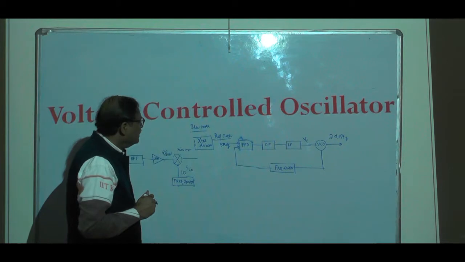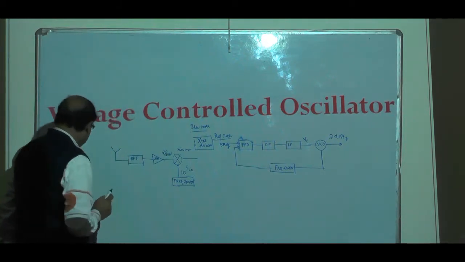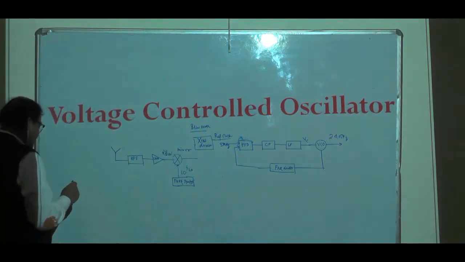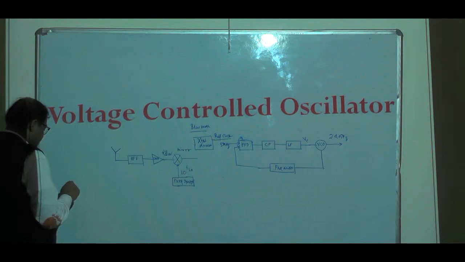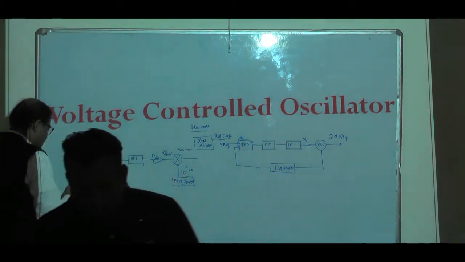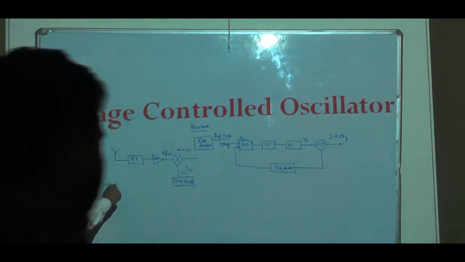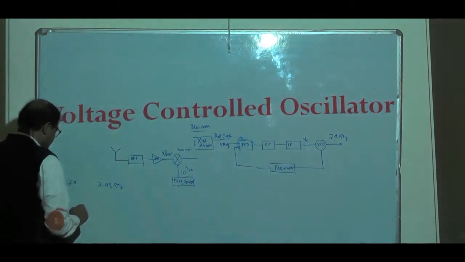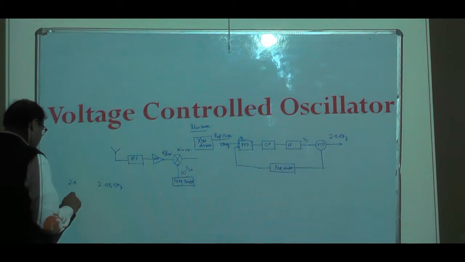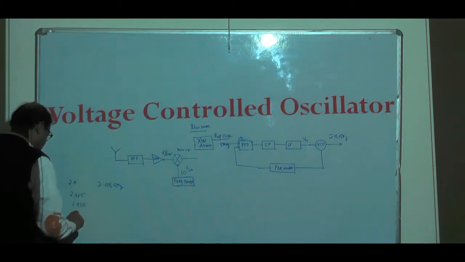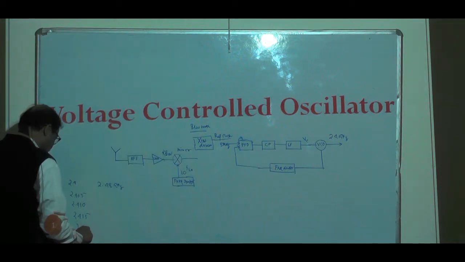Now I told you that for any frequency, say my frequency range is 2.4 to 2.48 GHz. Suppose I am putting channels at 2.405, 2.410, 2.415, 2.420 GHz.